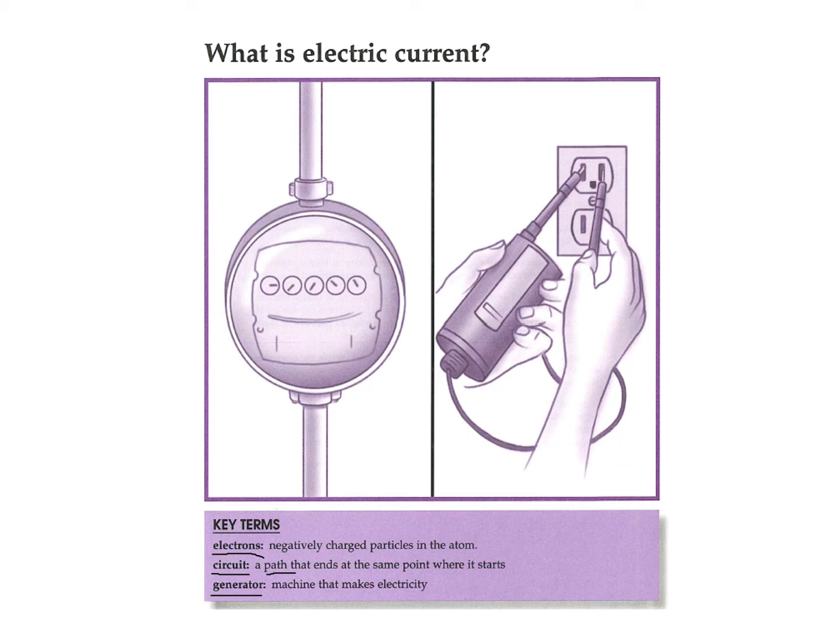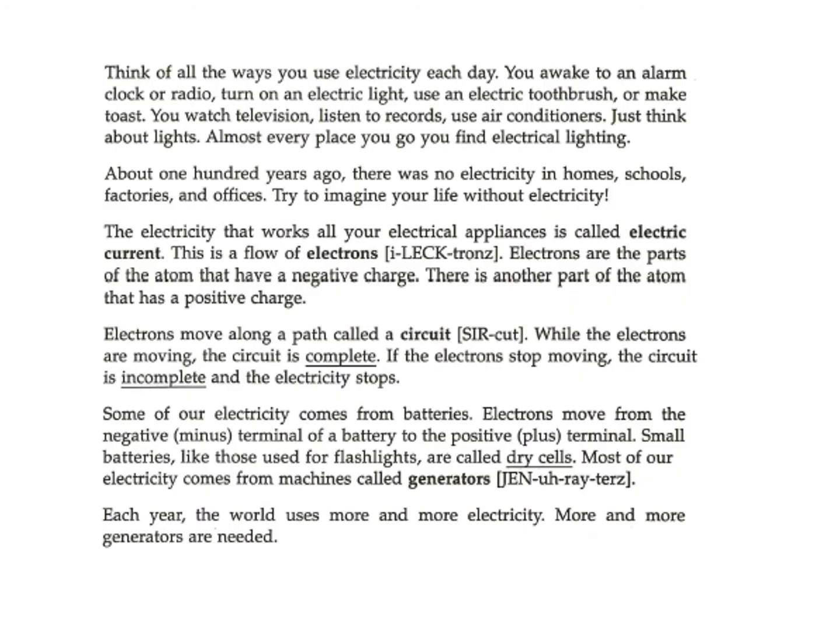You either have a battery, which is for small things, and for the big things, when it comes to your homes or workplaces or the stores, we can't have batteries. It's too much. So we need generators that can generate lots and lots of electricity.